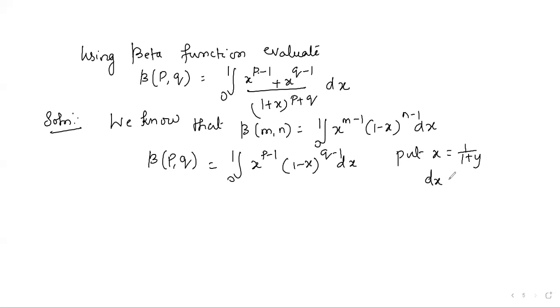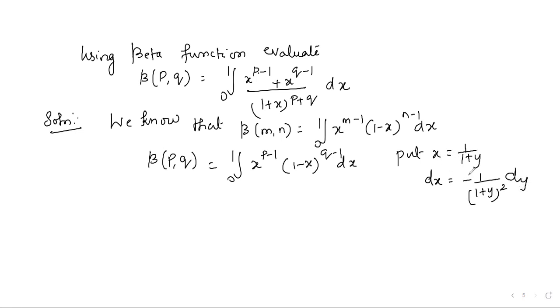So differentiating this, dx will be equal to, whenever I have x in the denominator, d by dx of 1 by x is equal to minus 1 by x square. The same thing I'm going to apply here. Therefore dx is equal to minus 1 by (1 plus y) the whole square dy.